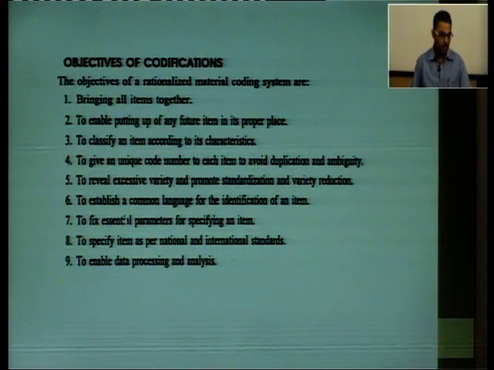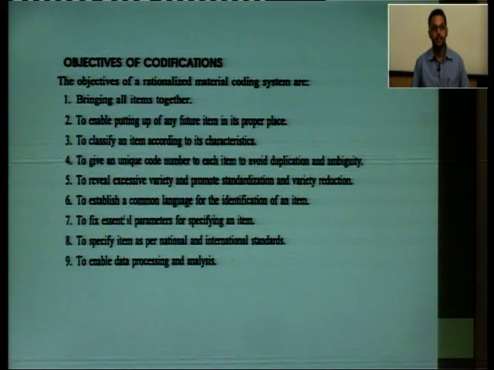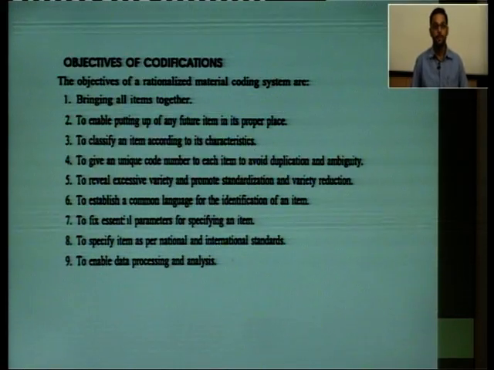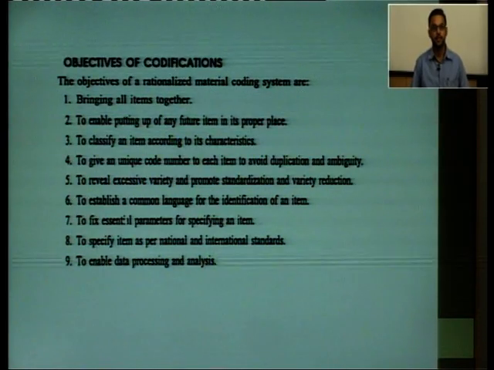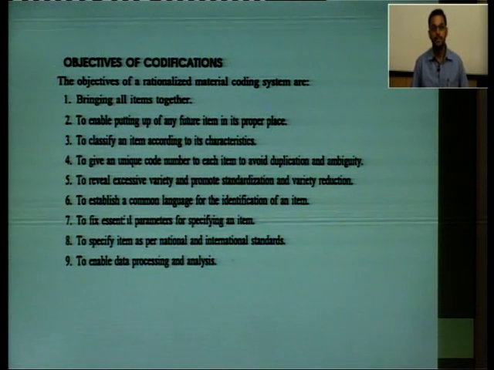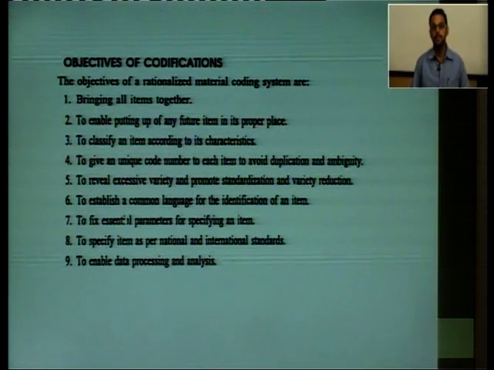Number 2, to enable putting up of any future item in its proper place, to classify an item according to its characteristics, to give a unique code number to each item to avoid duplication and ambiguity, to reveal excessive variety and promote standardization and variety reduction, to establish a common language for the identification of an item, to fix essential parameters for specifying an item, to specify the item as per national and international standards, to enable data processing and analysis.